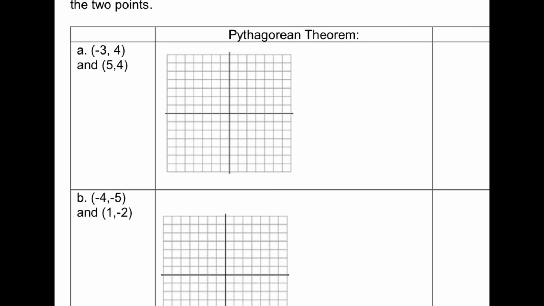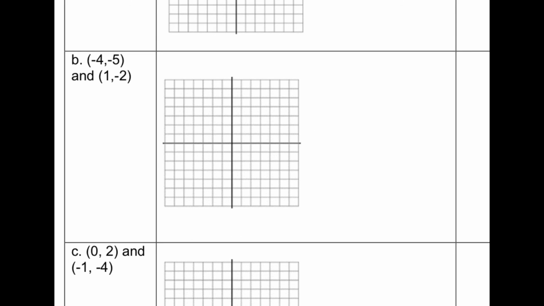Doing the same thing with a couple more examples, -3, 4, and 5, 4. Since they have the same y-coordinate, you can actually just count over, and you don't even need to do the Pythagorean theorem. If you did, though, it would still work out. Here's another one, -4, -5, and 1, -2.